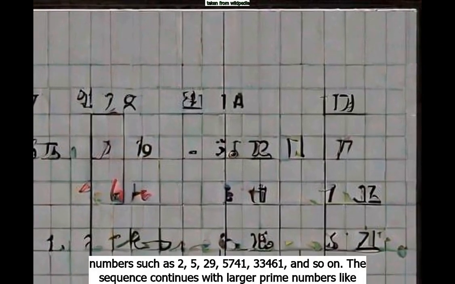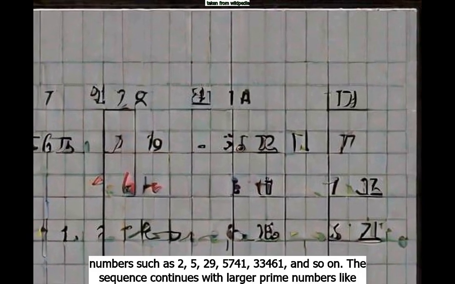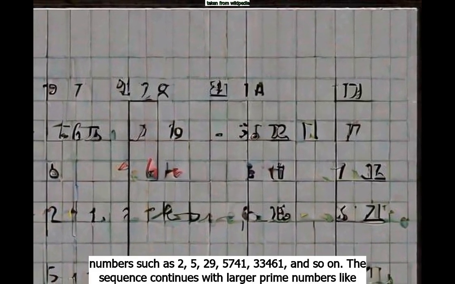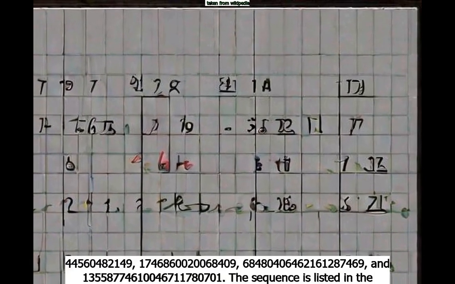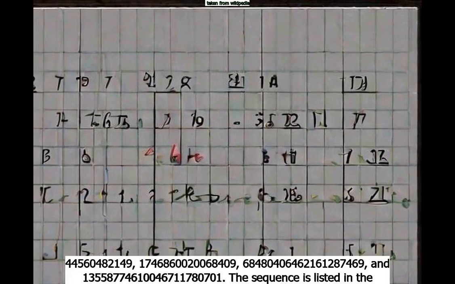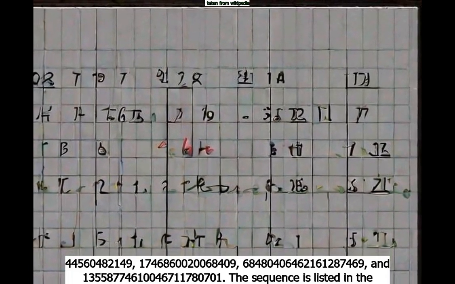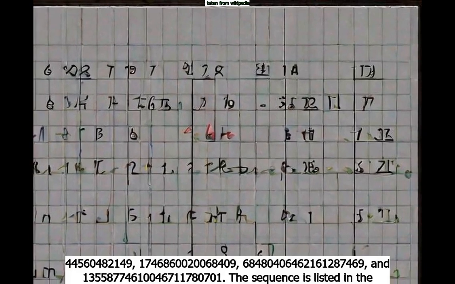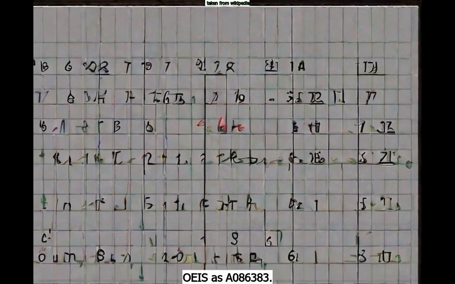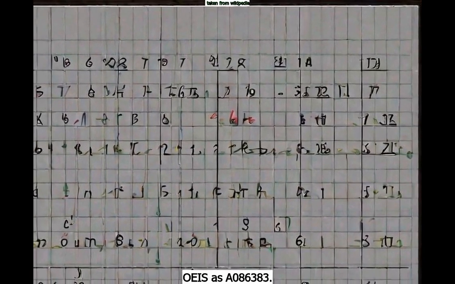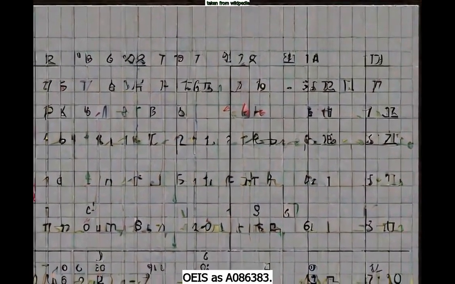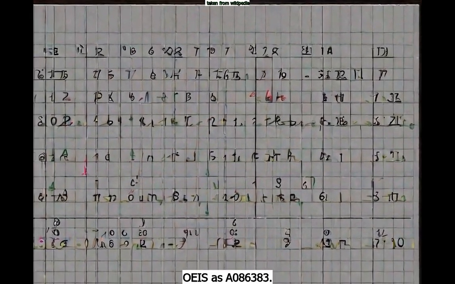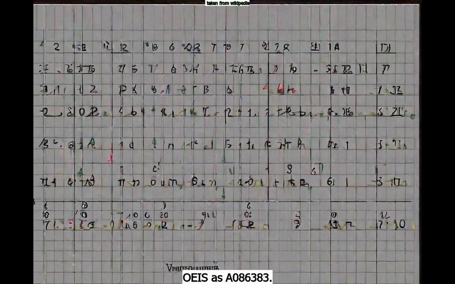The sequence continues with larger prime numbers like 44,560,482,149, 1,746,860,020,6,809, 68,480,460,468,746,969, and 13,558,774,610,46,711,780,701. The sequence is listed in the OEIS as A086383.